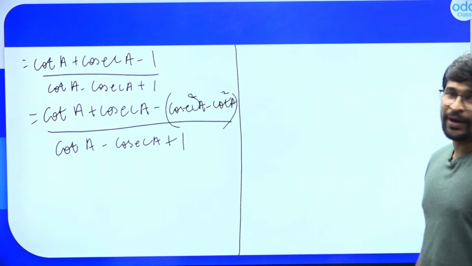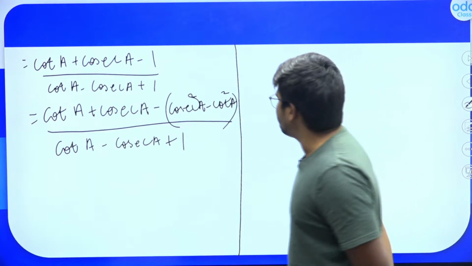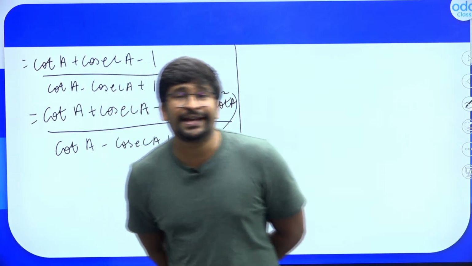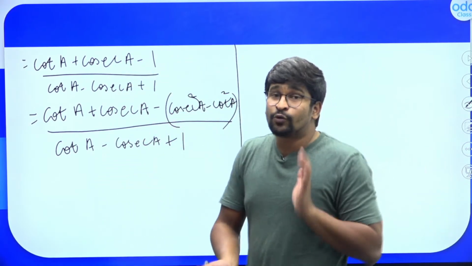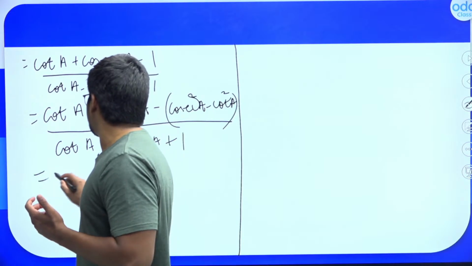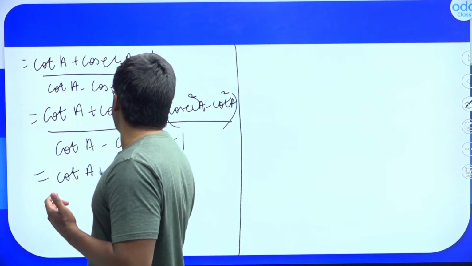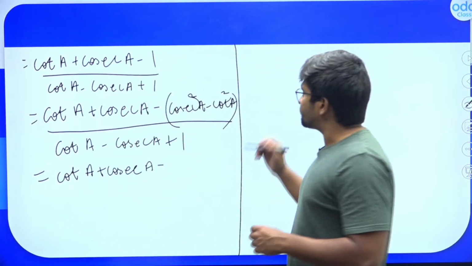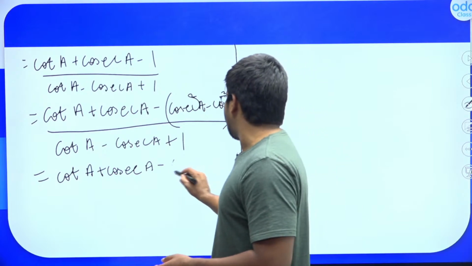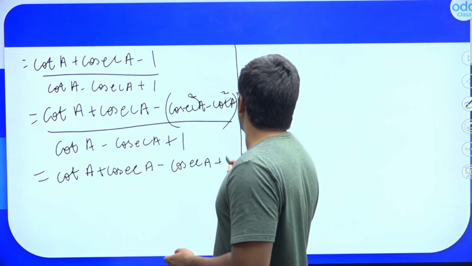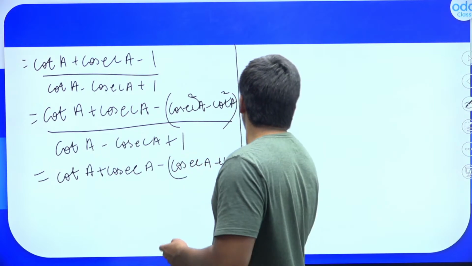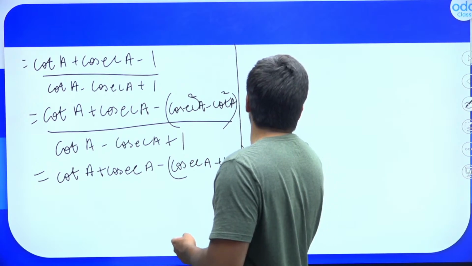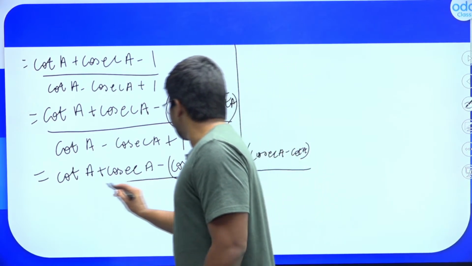Now what is cosec square A minus cot square A? Can I write it as cosec A plus cot A into cosec A minus cot A? Which formula? A square minus B square is A plus B into A minus B. So cot A plus cosec A minus cosec square A minus cot square A can be written as cosec A plus cot A into cosec A minus cot A. That is what I did.